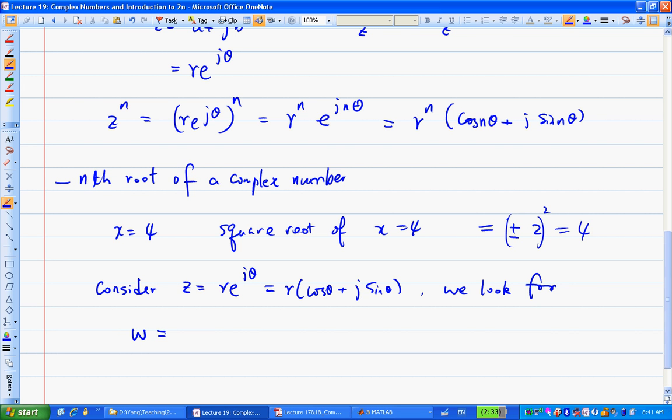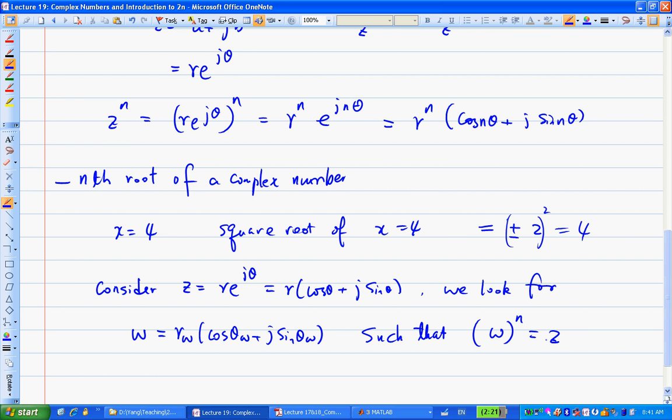This w is also going to be a complex number, so I'm going to express it using another set of parameters, r_w and theta_w. We look for this w such that w to the power of n equals z.